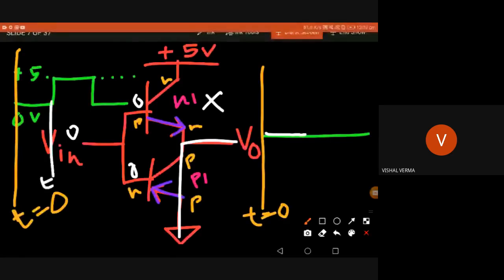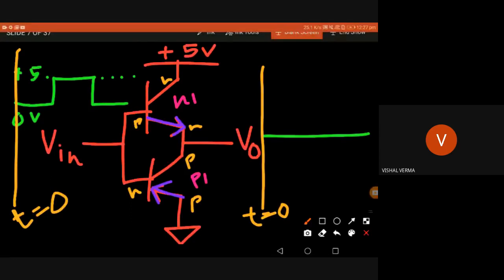Now my input changes to plus 5 volt. Now my input is going to be a high value. So let's see what happens if the input is going high. That means the base of the NPN is high, and the PNP is also high. We know whenever a high voltage or current goes to the NPN transistor, it becomes on.